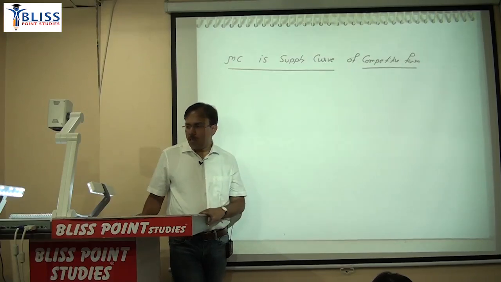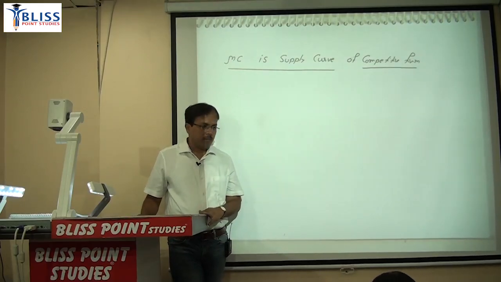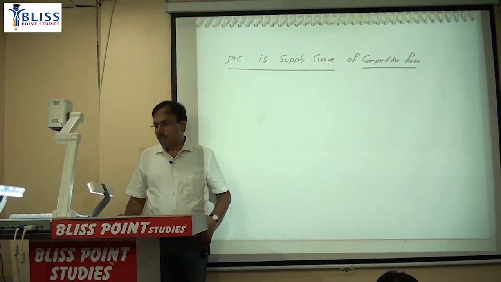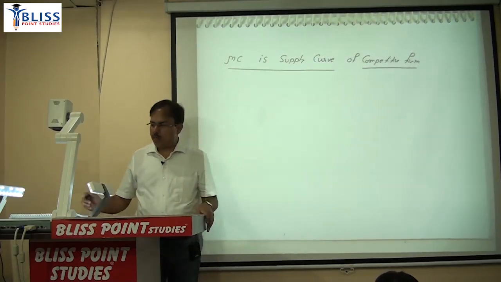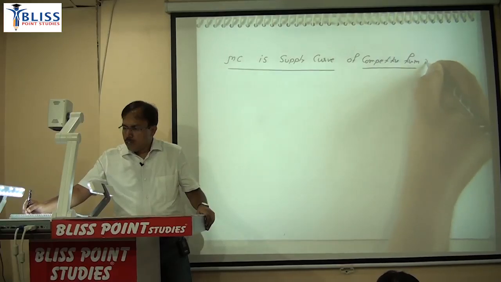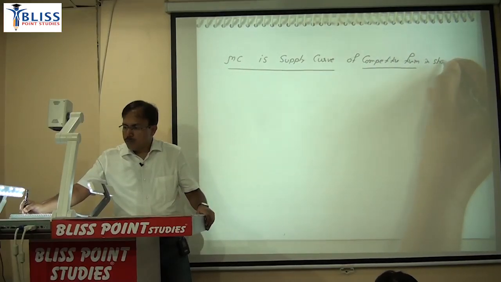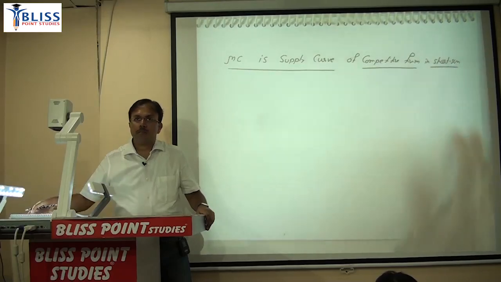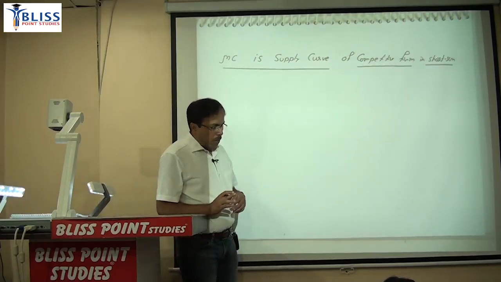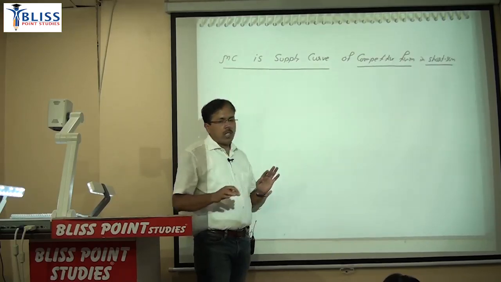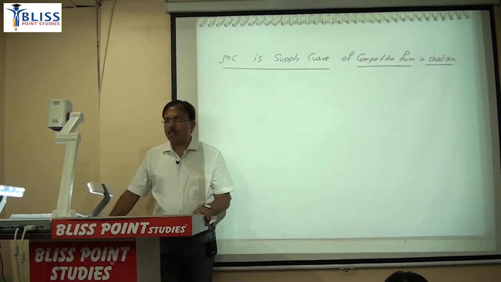Marginal cost curve is supply curve of competitive firm in short run. In a perfectly competitive market, marginal cost curve is said to be the supply curve of firm in short run.